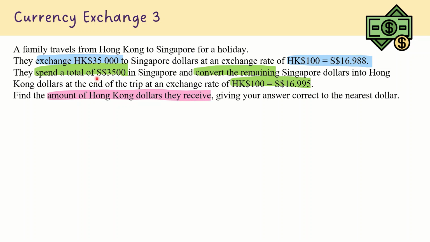So we need to do some currency conversion. One way to do so is to take the Hong Kong dollars and convert it into Singapore dollars first, according to the exchange rate in blue. Then we subtract away the 3,500 Sing dollars, and that will give us the remaining amount. But because the question wants the answer in Hong Kong dollars, we will then have to convert it again.